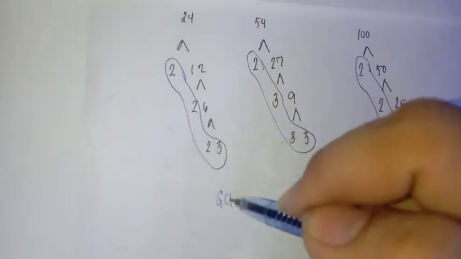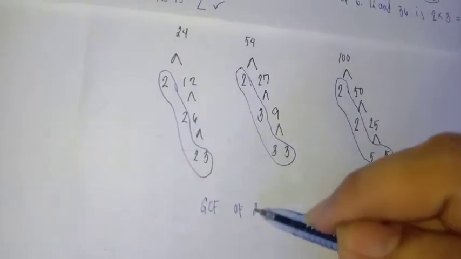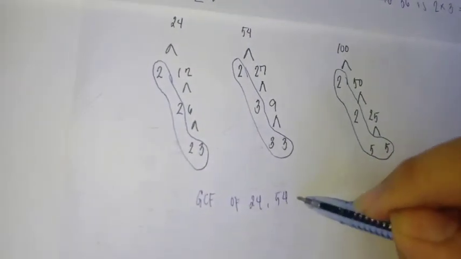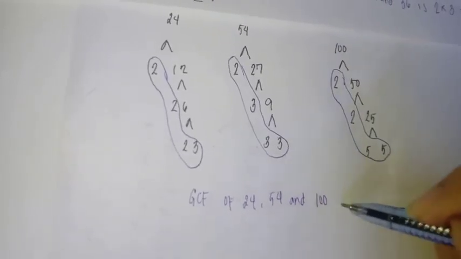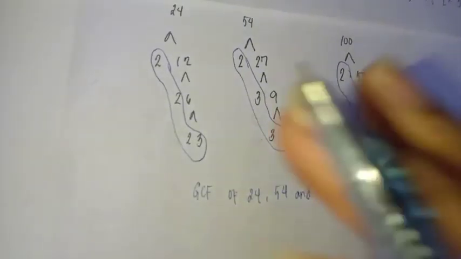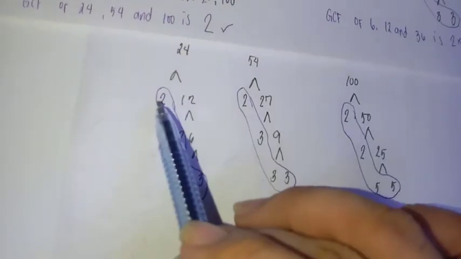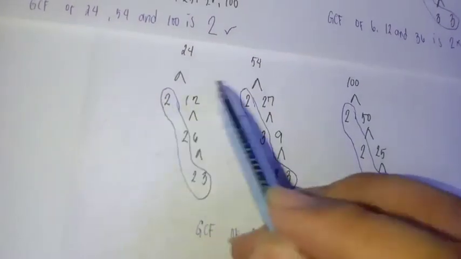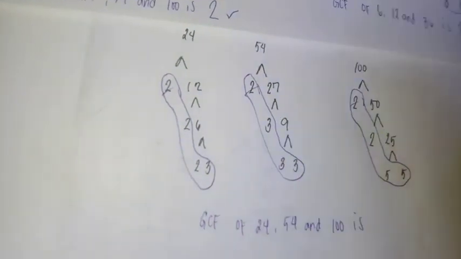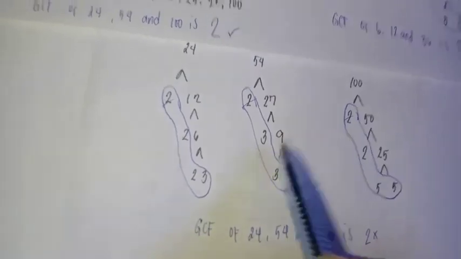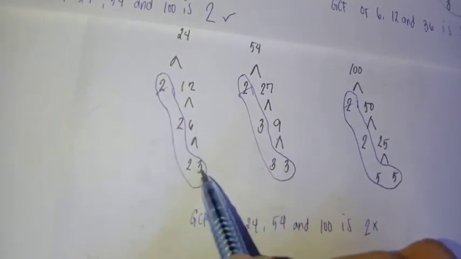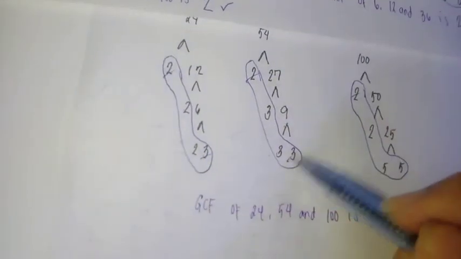Now, to get the GCF of 24, 54, and 100, we will get the common numbers that we can find in these three numbers. Okay, so let's begin with number 2. We have 2, 2, 2. Okay, so we have 2. Then 2, 3. Okay, there are no more 2s. Let's proceed to 3, 3, 3.